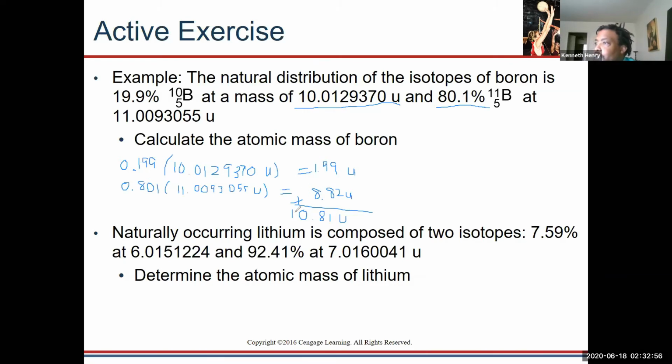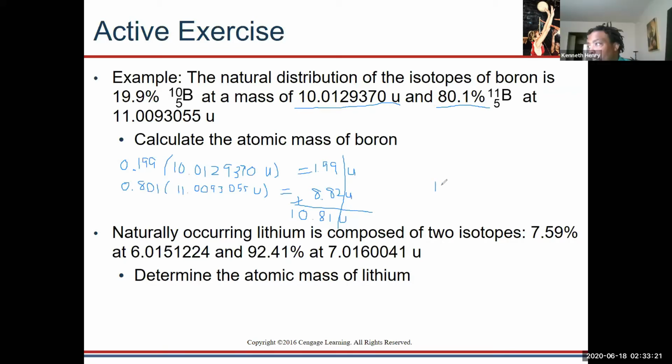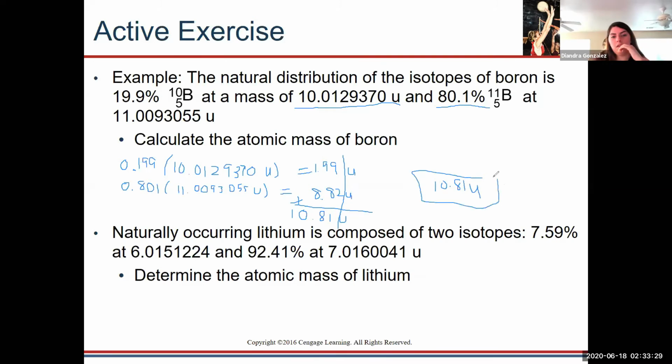The same. So if we did sig figs based upon addition, that's right. It's the same, right? Yep. So it'll be 10.81 units. Piece of cake? Yes.